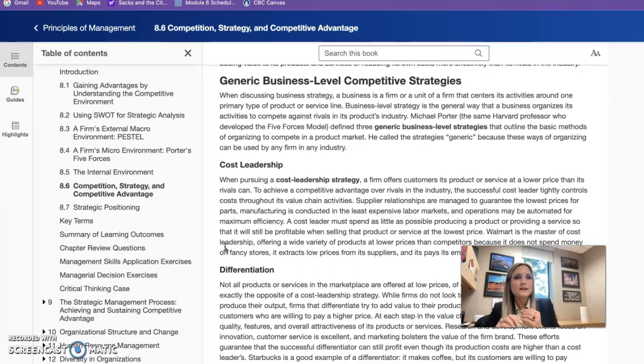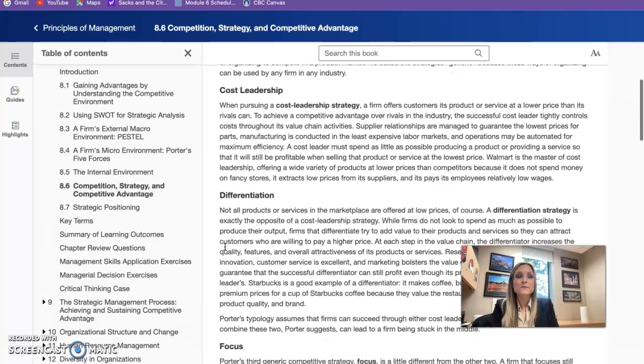No-frills stores typically sell generic products, kind of like a Kroger brand. Think about Walmart, which typically has a cost leadership strategy. That's one of their slogans: always low prices, always. So think in those terms.